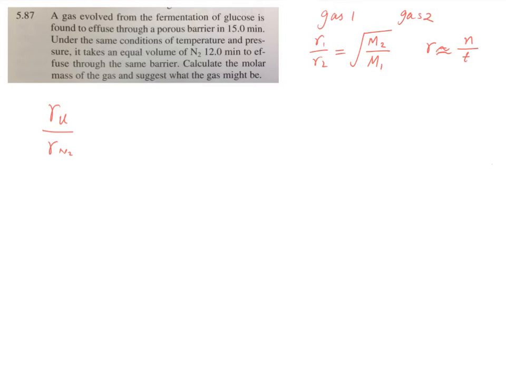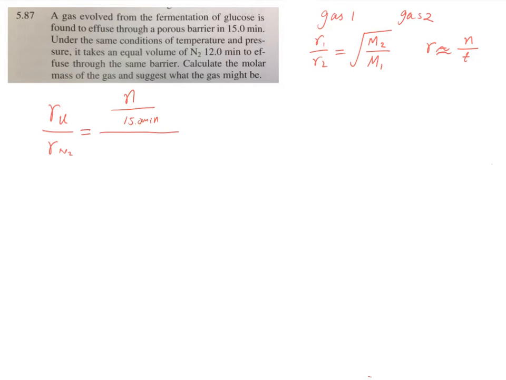So now the estimate of the effusion speed of the unknown gas will be the mole number of the unknown gas, which is equal to that of nitrogen, we use n, divided by the effusion time, 15.0 minutes.